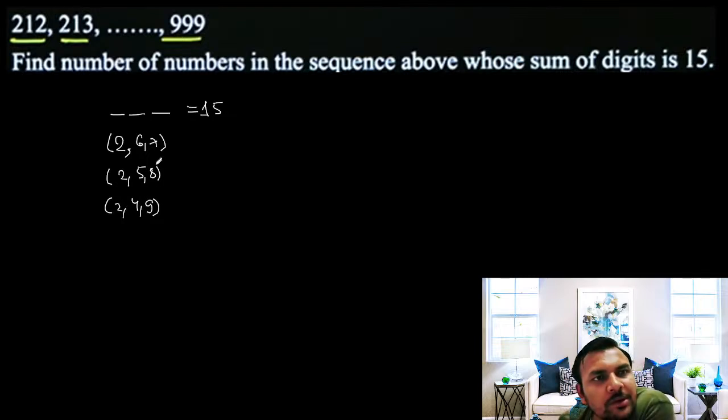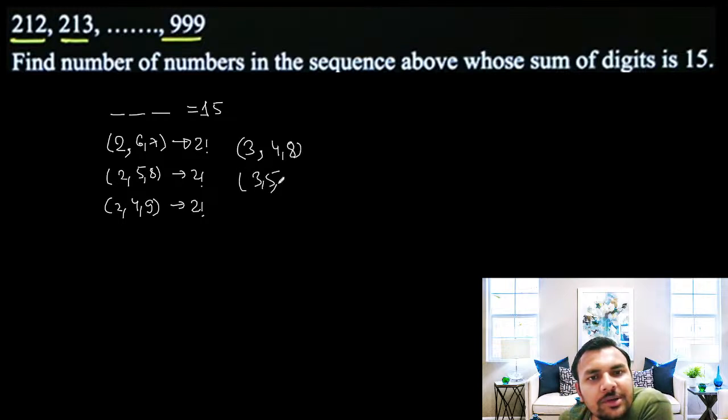Okay, this is the possibility and their arrangement is 2 factorial, 2 factorial, 2 factorial. Now when it's a 3, 3 is gone, so we have 4, 8, 3, 5, 7, 3, 6, 6. So 2, 2, 1.